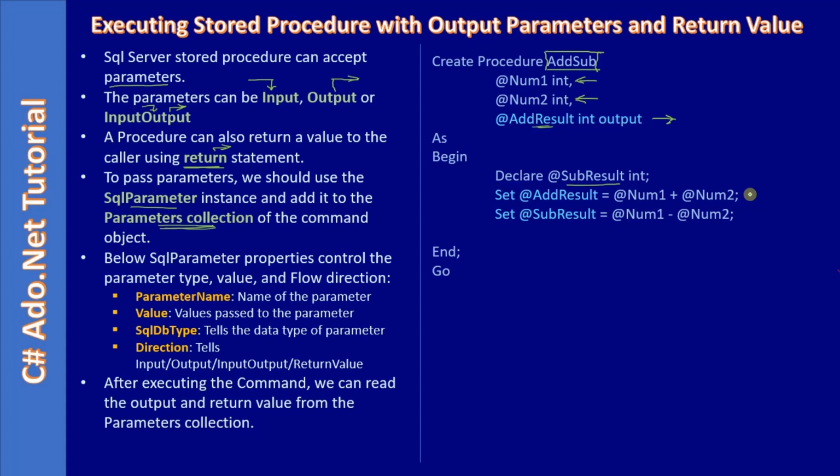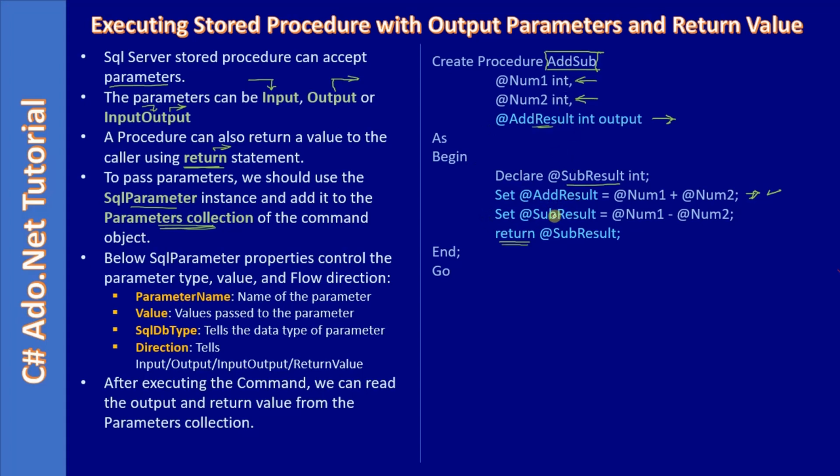So the output parameter is ready here. Then set sub result equal to number 1 minus number 2. This is the subtracted result, and we will return that to the caller using the return statement. So the stored procedure is ready.